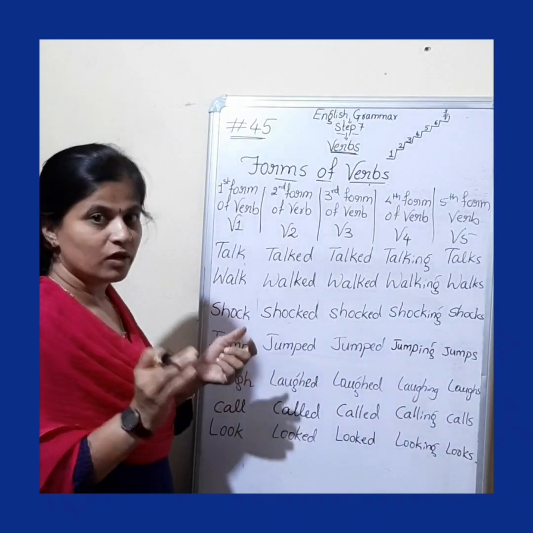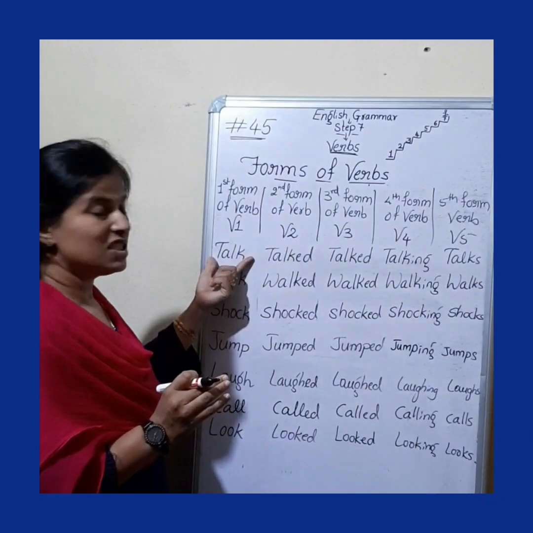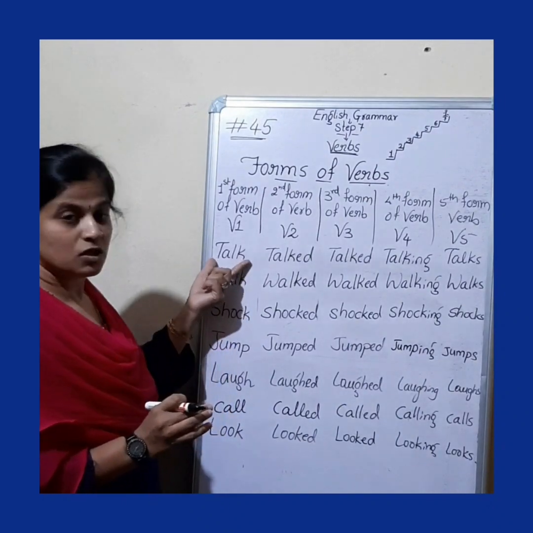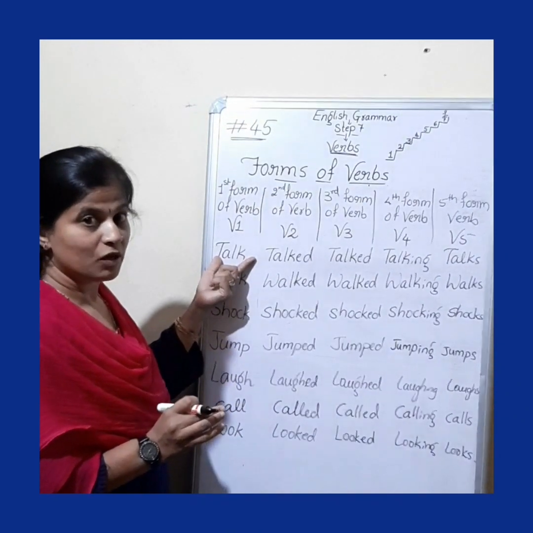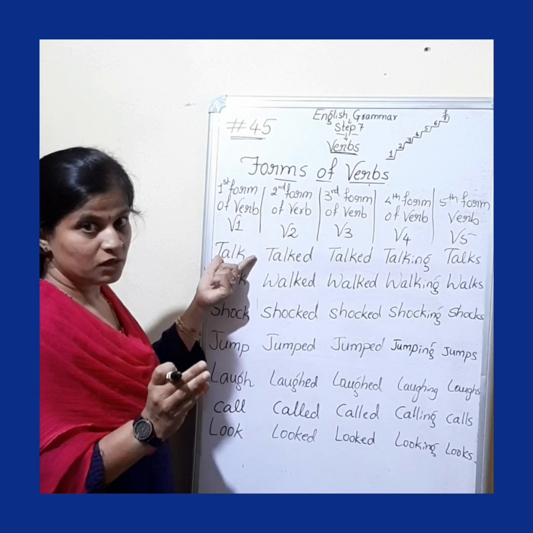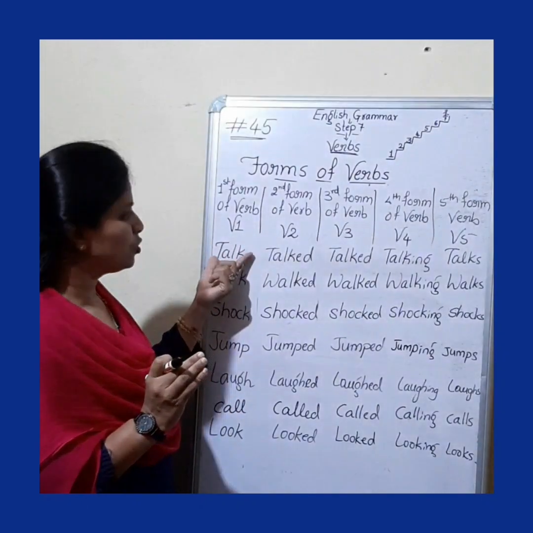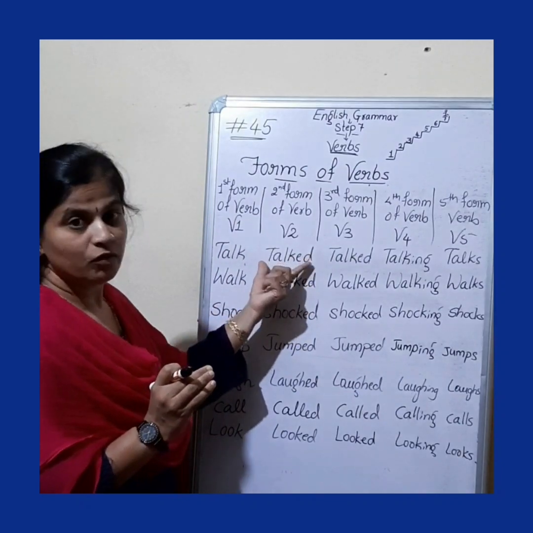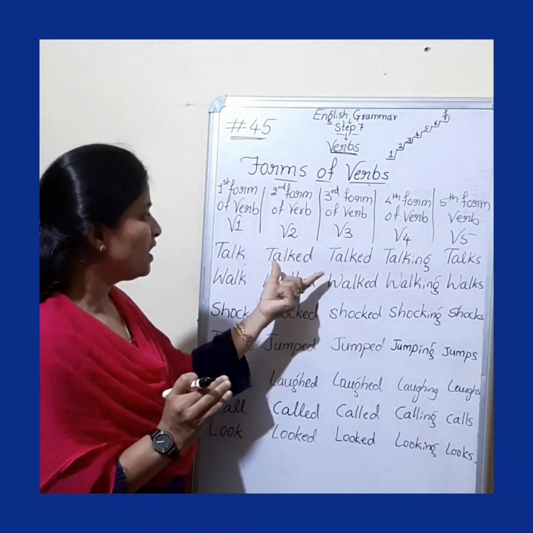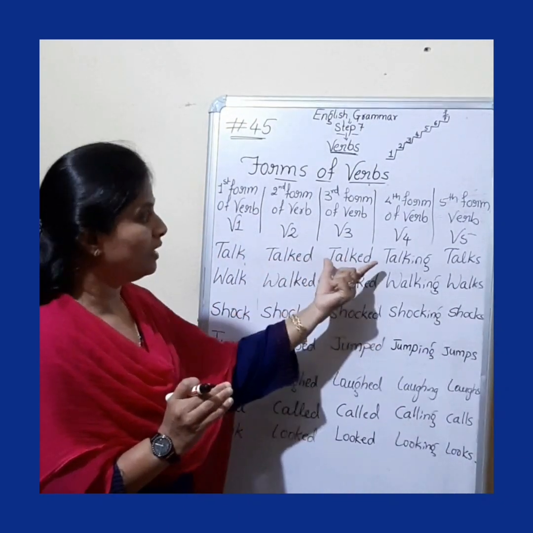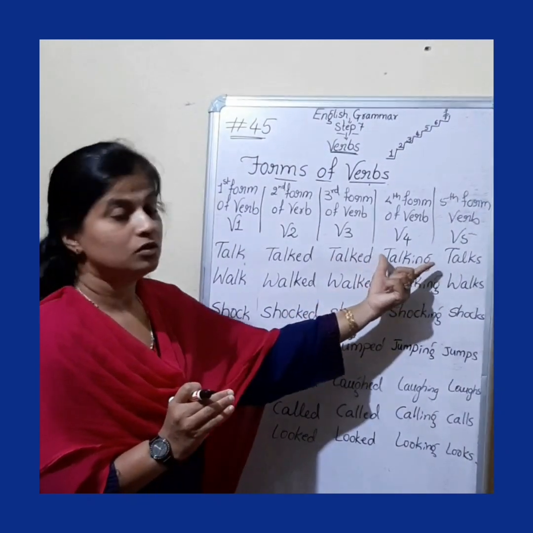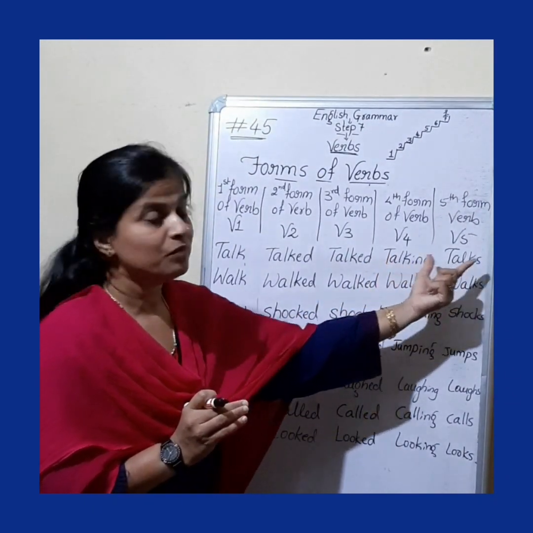Let's have a look over a few examples now. So you can just have a look over. This is base verb, root word, what we call it as. There is no attachment at the end of this word. Okay, so this is talk. Now here, when we want to change it into V2 form, ed is added, talked, and here also ed is added, talked. So ing form it is talking, talks.